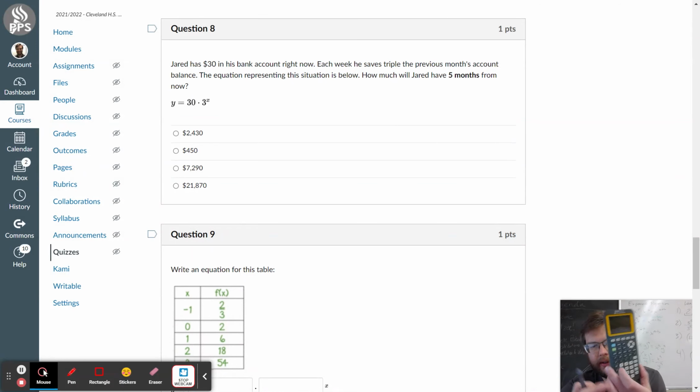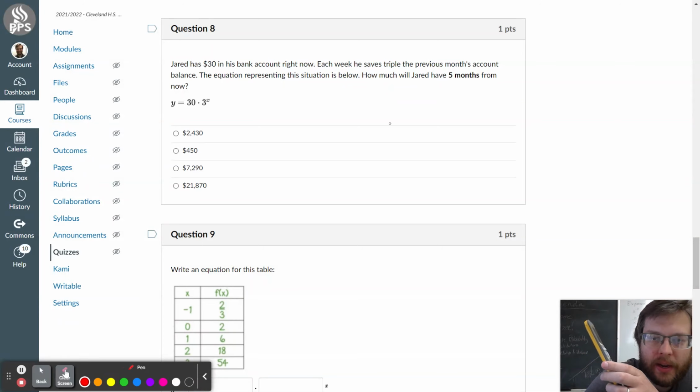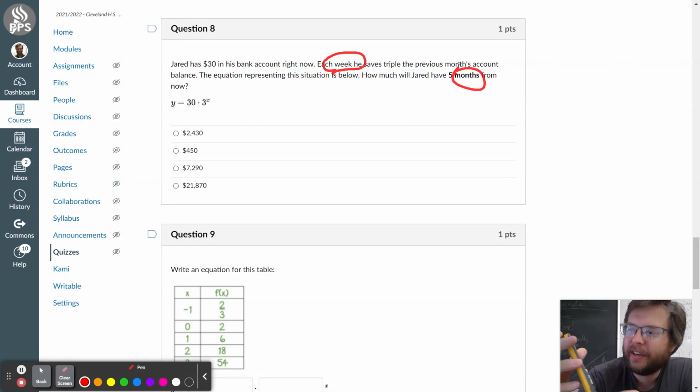Suggest using a calculator on this one, and you should just type in 30 times 3 raised to the 5. Now I'm actually noticing, and I can't remember if this is a typo or not. It said week up here, and then it says months down here. I feel like that's a typo.